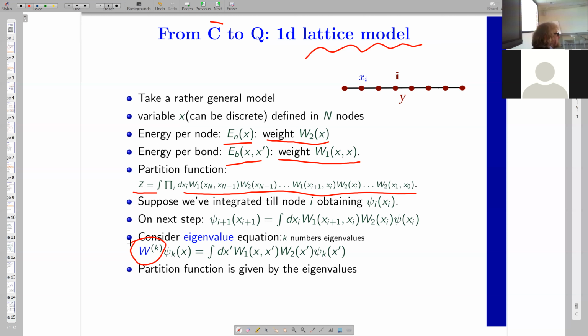The application for this is the partition function, and I would remind you that the partition function is all we have to know in statistical physics, right? The partition function is readily expressed through these eigenvalues.